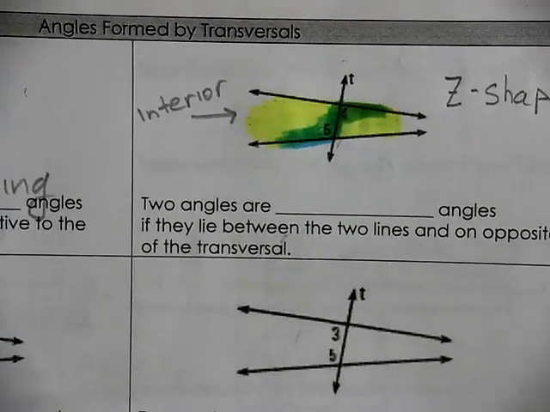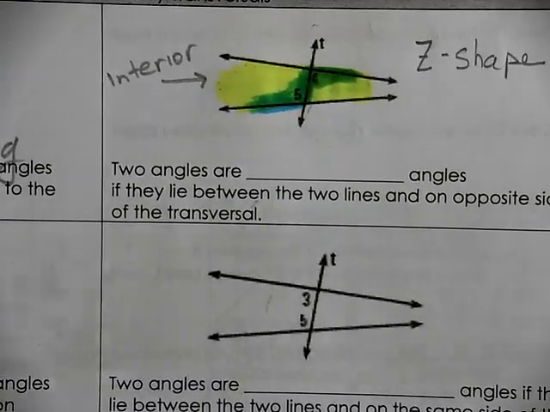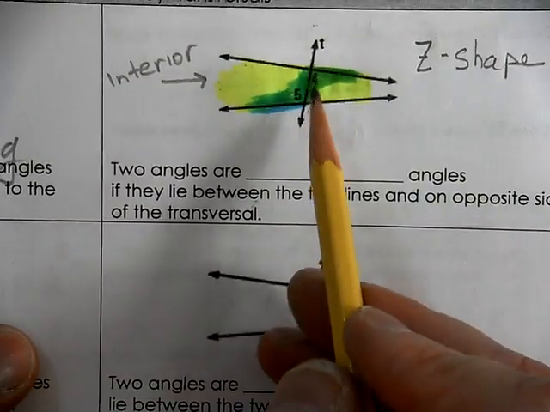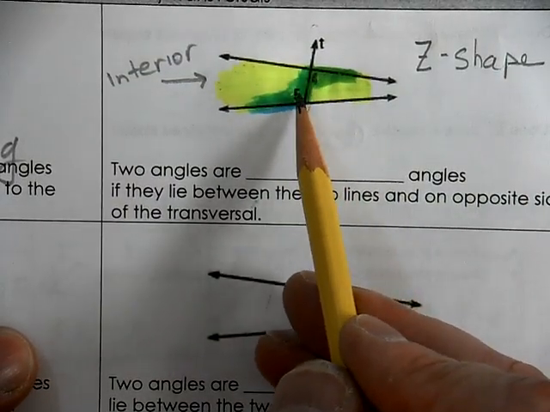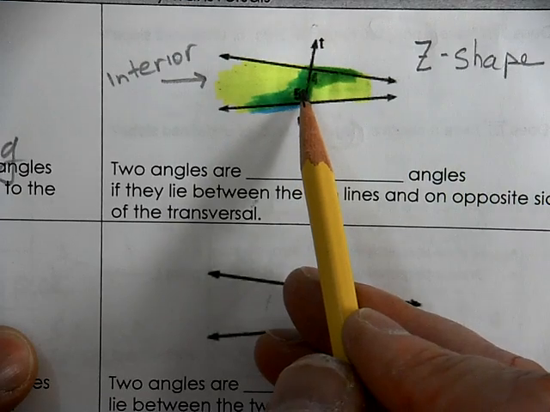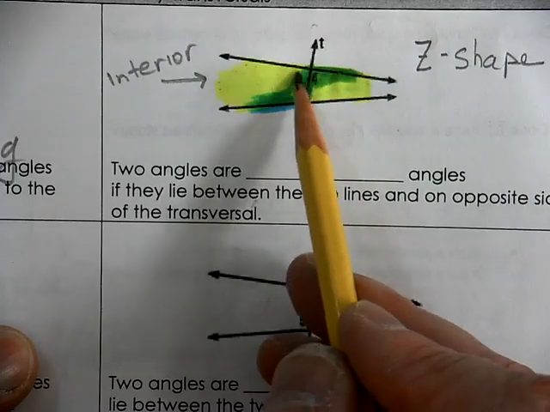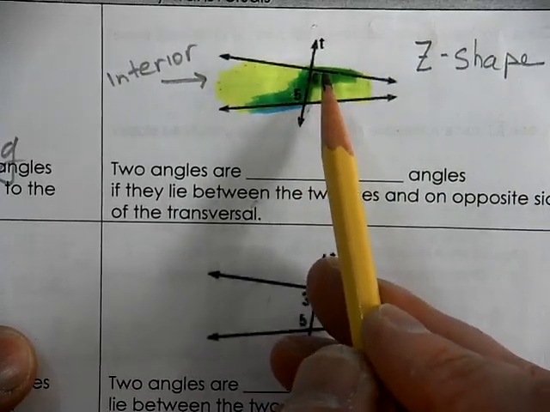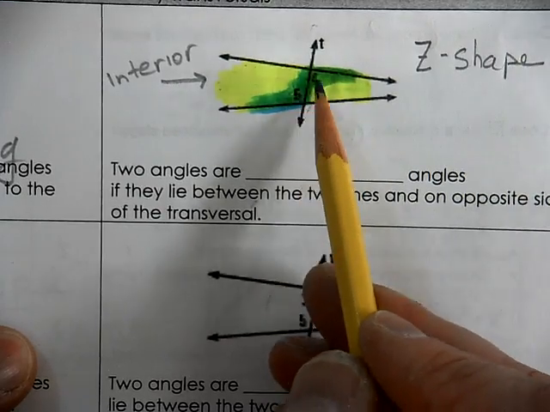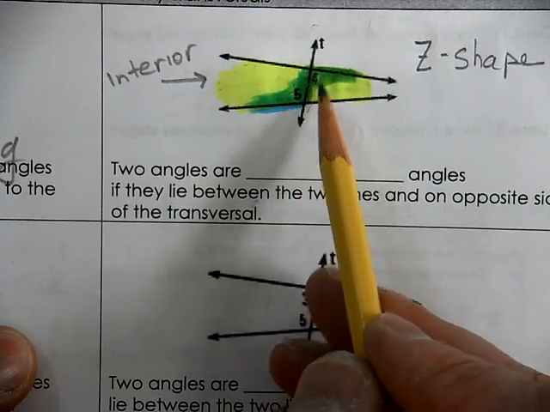No matter how it's turned. So we're going to call those interior angles, but how are we going to describe where they're located? Okay, the center is making the interior part, but they're on opposite sides of the line. They're not on the same side of the line.